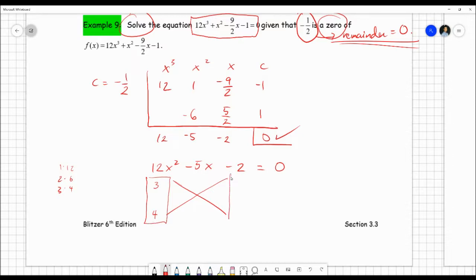This column right here is factors of c. So I only have one choice for that. I can use 1 and negative 2, or you can switch it around. So let's see, I'm going to use 2 here and 1 here. And the hint here is that the larger factor of c gets the sign of b.